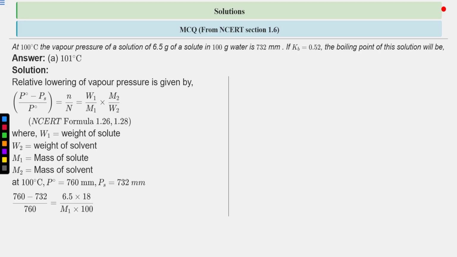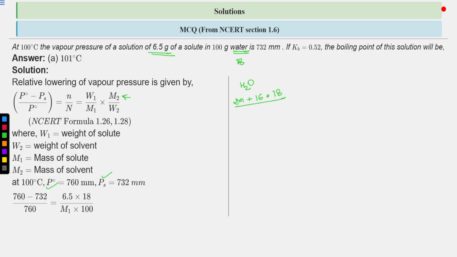Now, simply put the values for P naught and Ps in this formula. 760 minus 732 divided by 760 equals W1, which is 6.5, the weight of solute, multiplied by 18, which is the molar mass of the solvent, water. H2O is 2 times 1 plus 16, so 16 plus 2 will be 18.